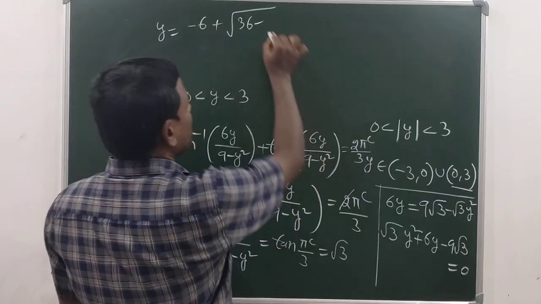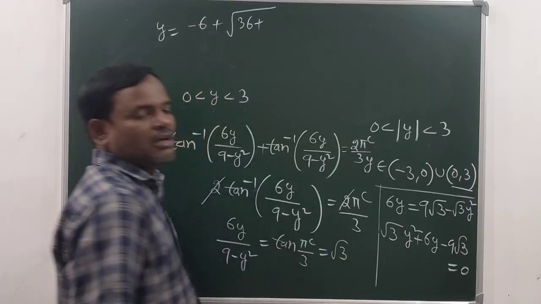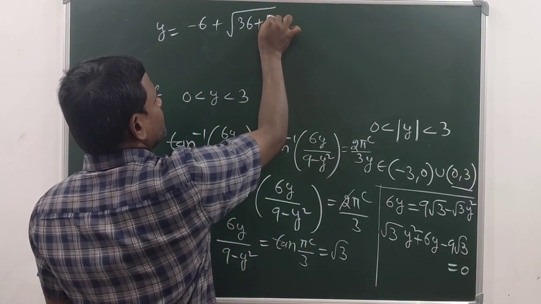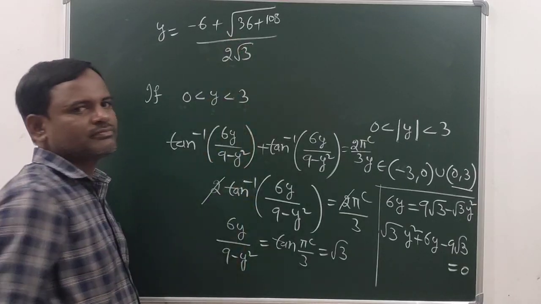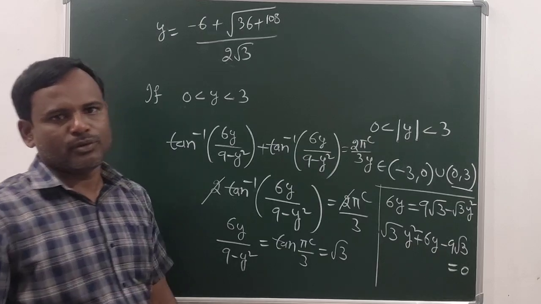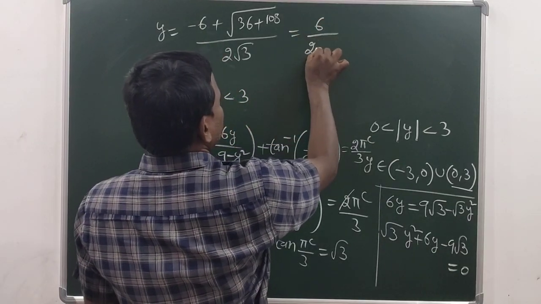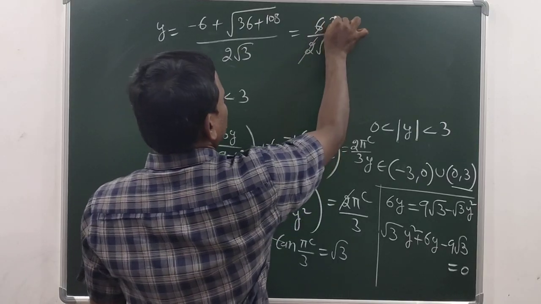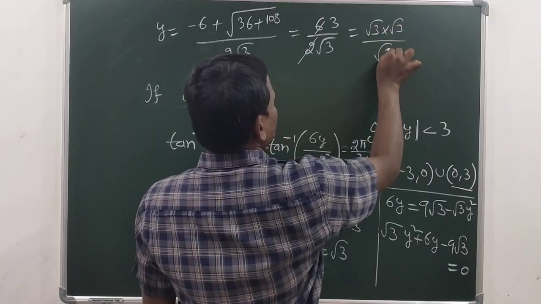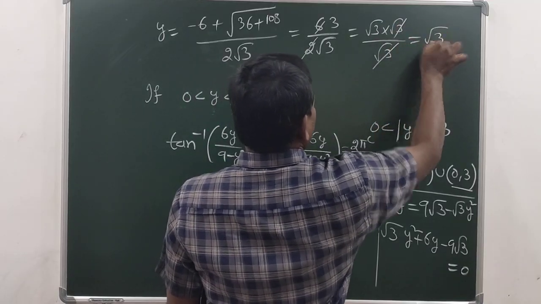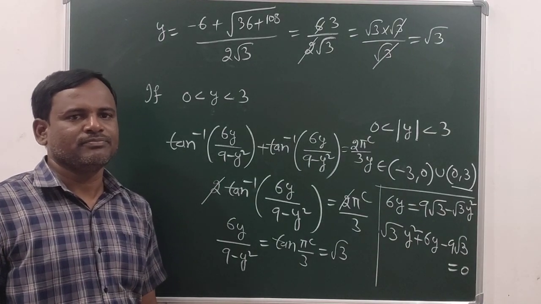So 4ac, here you will get plus, 4 9s are 36, 36 3s are 108, by 2a, 2 root 3. Now how much is this? 144. Root 144, 12. 12 minus 6, 6. 6 by 2 root 3. Now 2 ones are 2, 3 threes are. Now 3 should be written as root 3 into root 3 by root 3. Now root 3 cancels. Your result is root 3. That is one of the values for y.